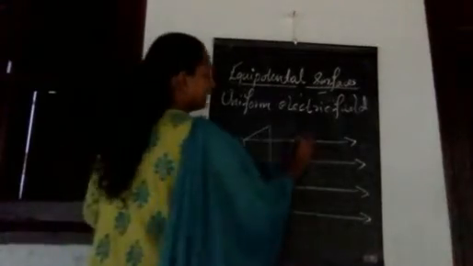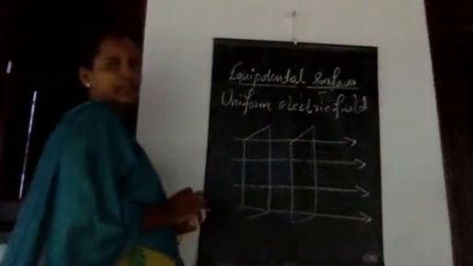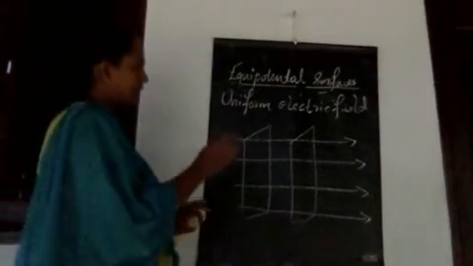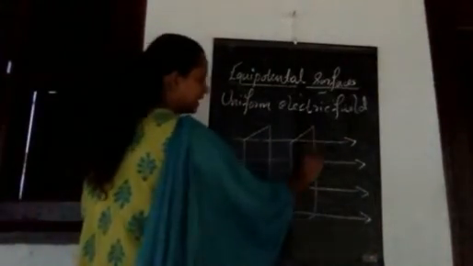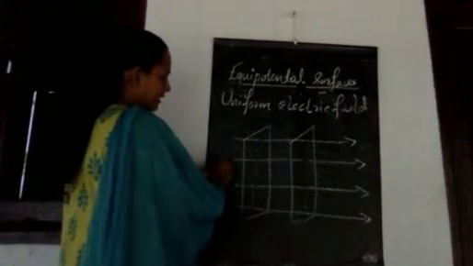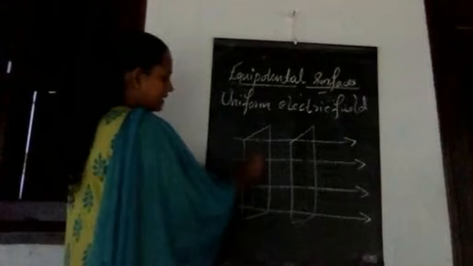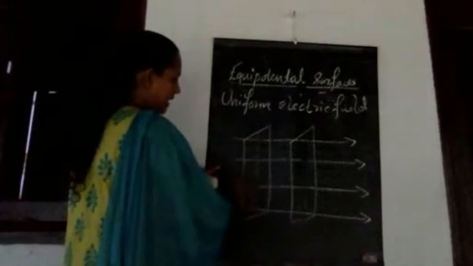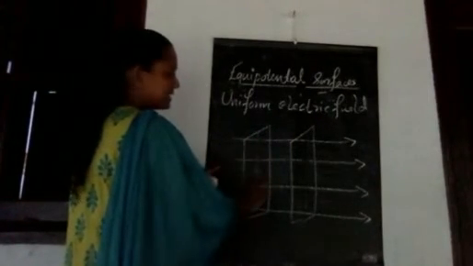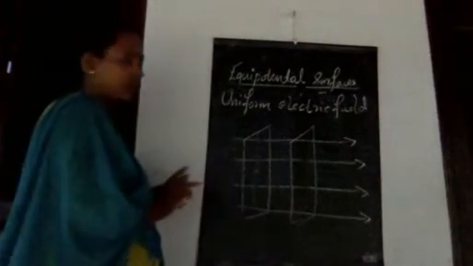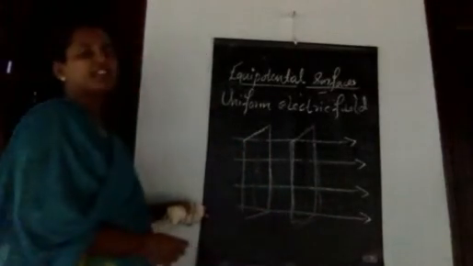On this plane everywhere the potential is the same, and on another plane here, everywhere the potential will be the same. Whenever you consider a particular plane, everywhere on this plane it is at equal distance, therefore the potential remains constant. Therefore parallel planes you can draw to represent the equipotential surfaces of a uniform electric field.